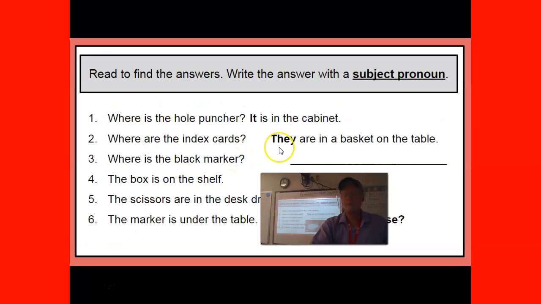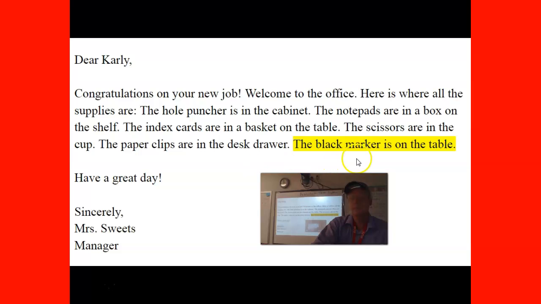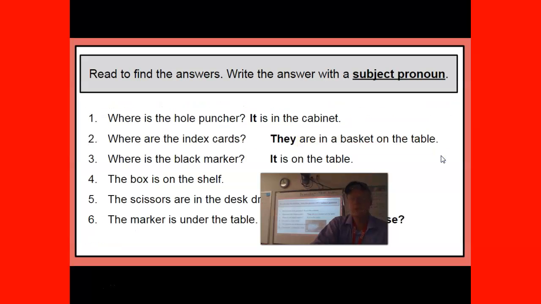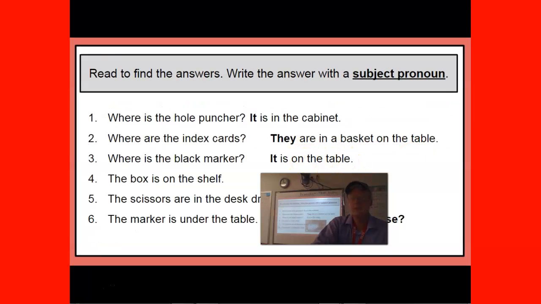Good. They are in a basket on the table. Good. So we're using the pronouns here, right? Subject pronouns. Where is the black marker? Good. It is on the table.